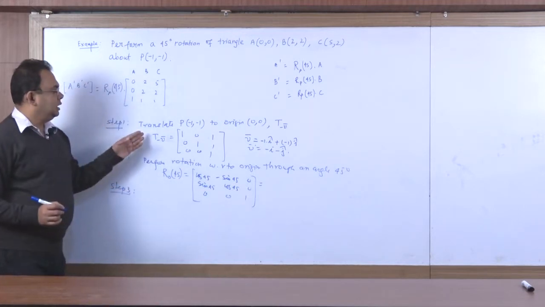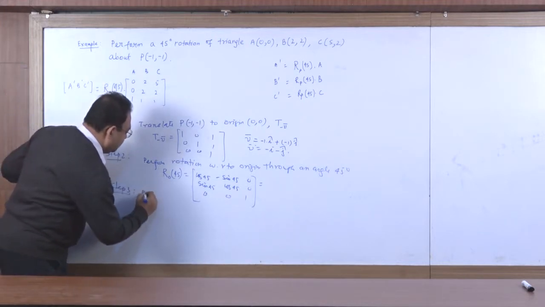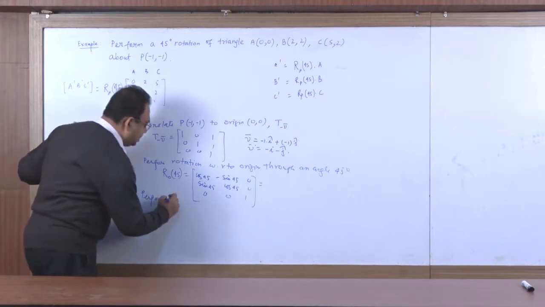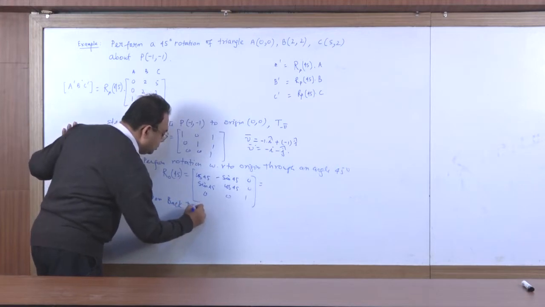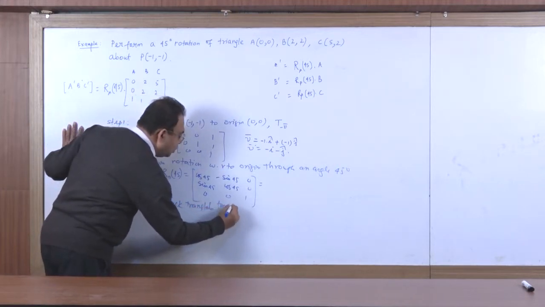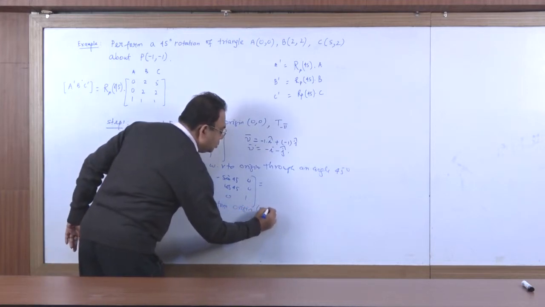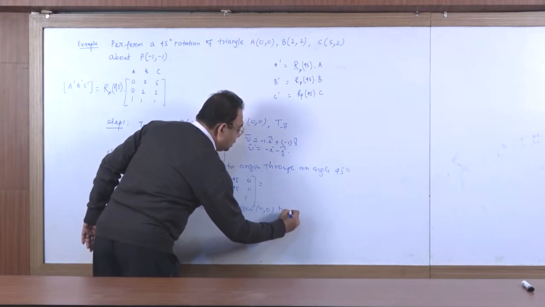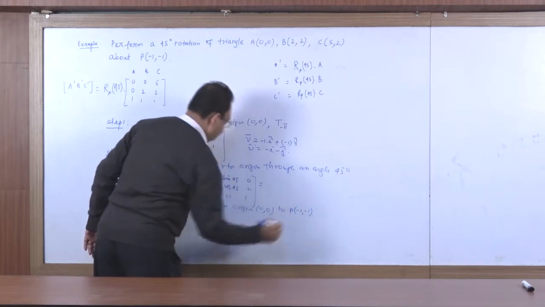And step 3, we have to give the inverse operation of step 1. So, perform the back translation from the origin (0, 0) to P (-1, -1).